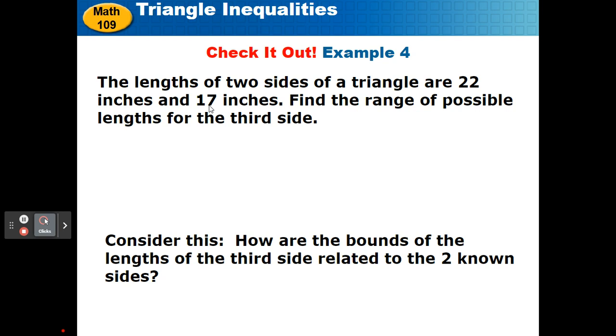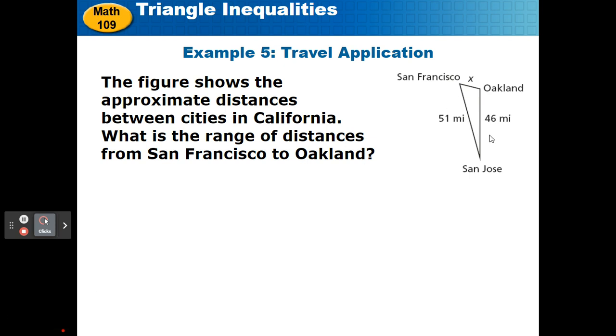So the bounds of the lengths of the third side are related to the two known sides. To find that lower bound, I can subtract my two known sides. And to find the upper bound, I can add my two known sides. So here's a travel application: San Francisco, Oakland, and San Jose.